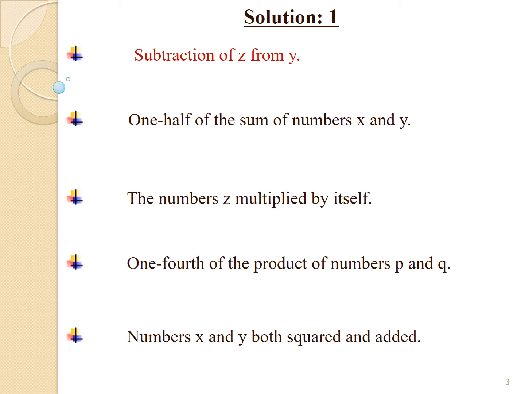Thus, the expression for this statement is y minus z. Students, note that if you write z minus y, then you will get an incorrect answer, as you have to subtract z and not y.